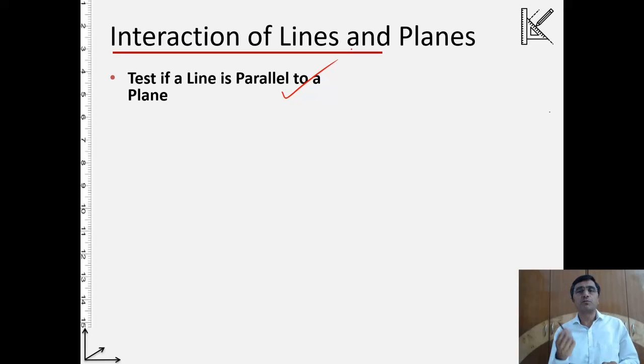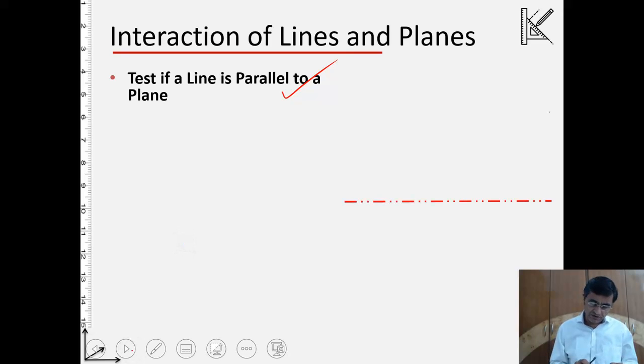One way is that for the given line, I find an auxiliary view or an auxiliary plane which is parallel to the line, so the line will be projected as a true length there. Then we can check whether the plane is also being projected onto that auxiliary plane as a normal view. If that is the case, that means both of these are parallel. So the same problem can be solved in different ways.